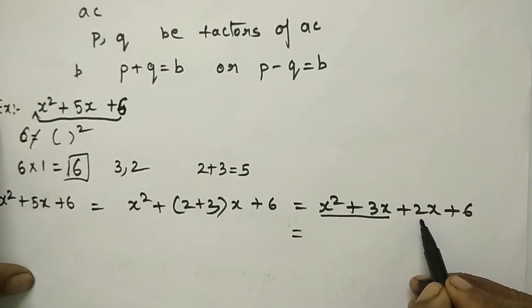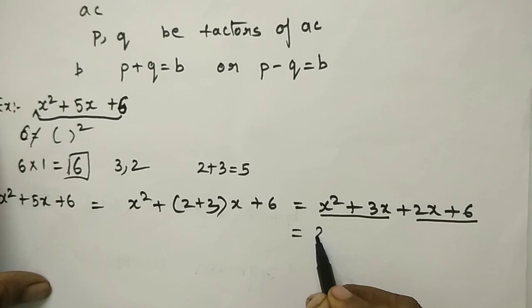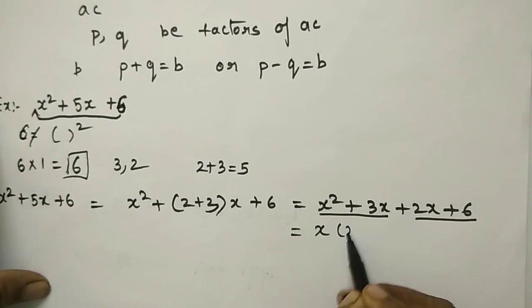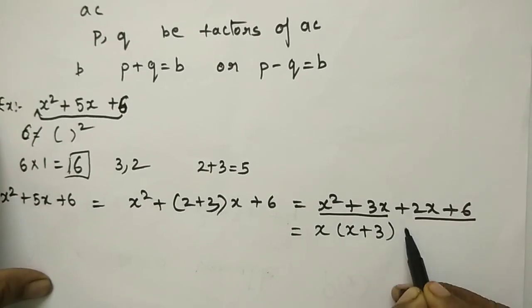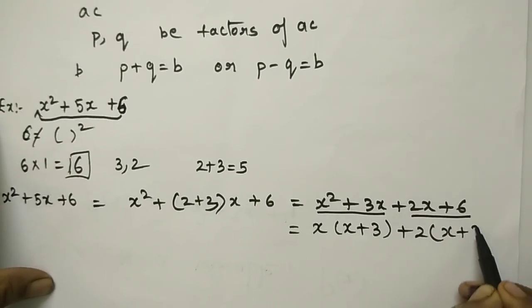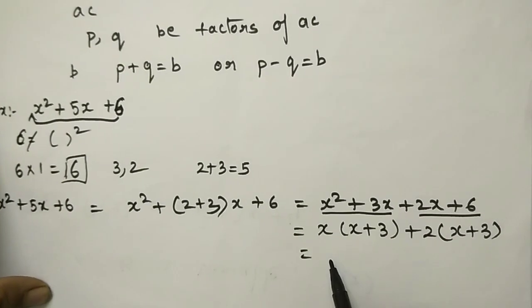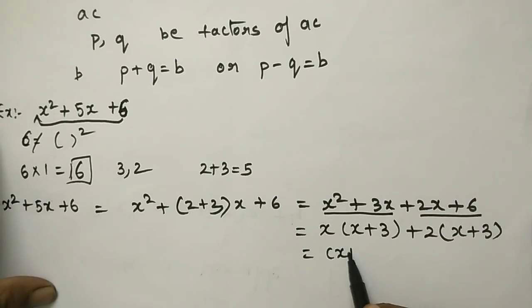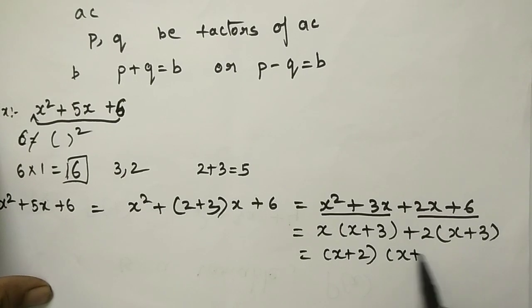Let us group these two terms and these two terms. You will get x as common, and this will be x into x plus 3, plus 2 into x plus 3. Is it not? This is equal to x plus 2 into x plus 3.